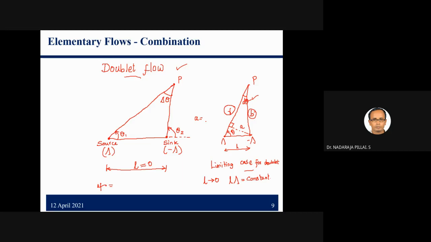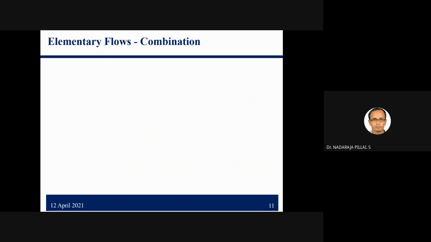Please apply the trigonometry and then calculate what A and B are. A is equal to L sine theta, and this becomes L cos theta. So B can be written as R minus L cos theta. Please do it by yourself. So we can write d theta is equal to A by B, by considering d theta to be very small.